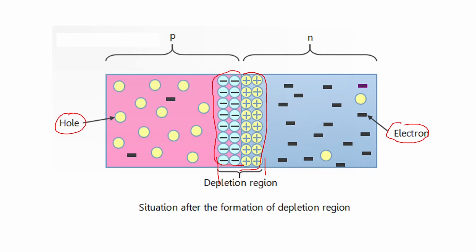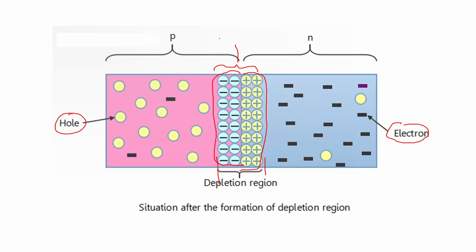There are immobile ions formed in the depletion region, and these ions will act as an electric field. So here you can see you have positive ions and negative ions. Now this part you can consider as a voltage, as a potential difference, as an electric field.